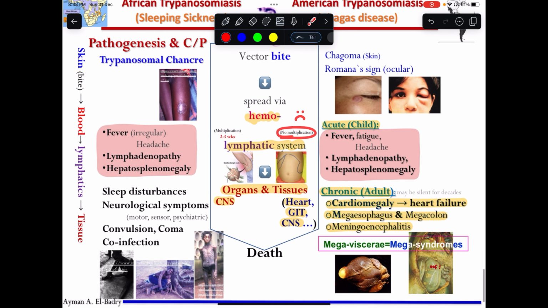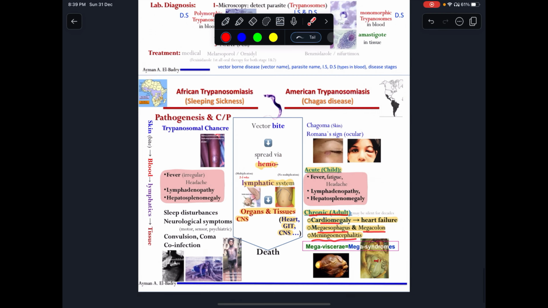But then it's going to go to our organs and tissues, CNS in the African, causing sleep disturbances and neurological manifestations, convulsions and coma. Or it could go to the heart, the GIT, and the CNS in the American, causing the chronic symptoms of cardiomegaly, megaesophagus, megacolon, and meningoencephalitis.